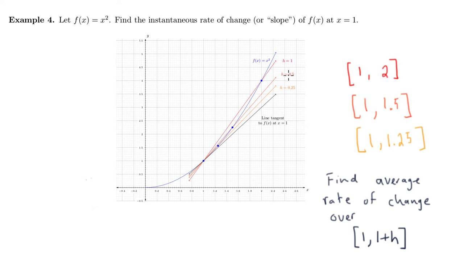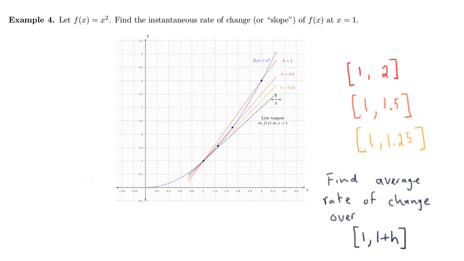Here h is 0.5, so 1 plus 0.5 is 1.5. Here h is 0.25, so 1 plus 0.25 is 1.25. And notice that if I keep letting h get closer and closer to 0, these secant lines are getting closer and closer to looking like the tangent line, which is drawn in black.